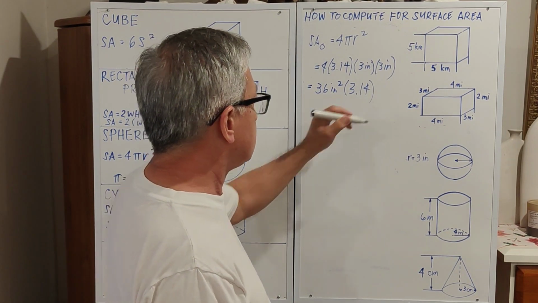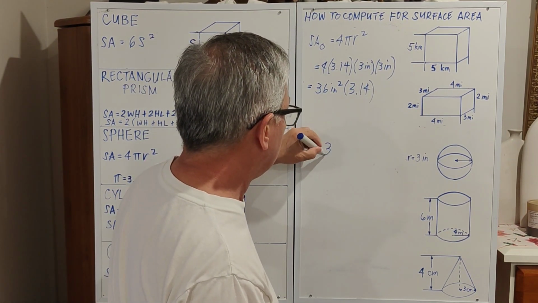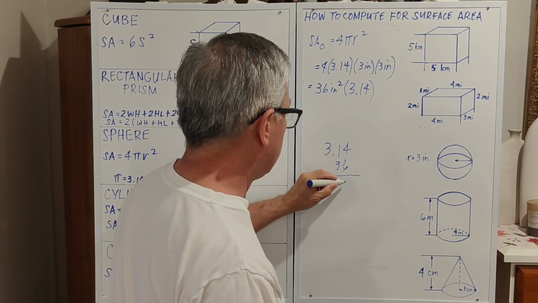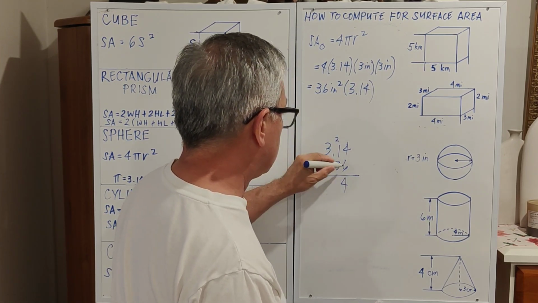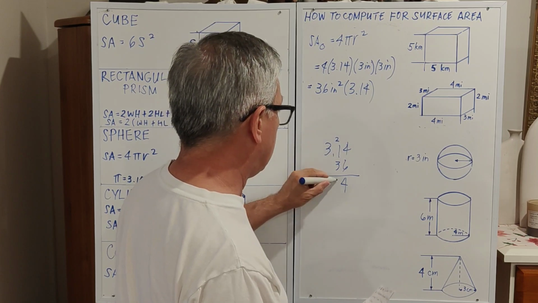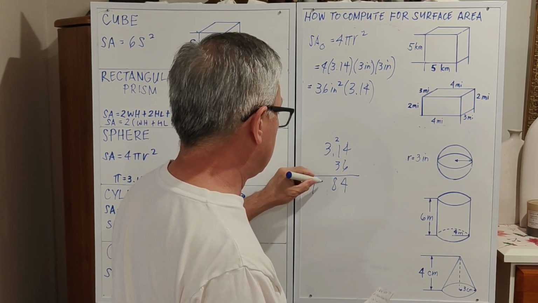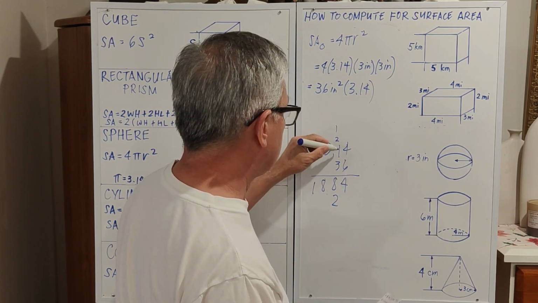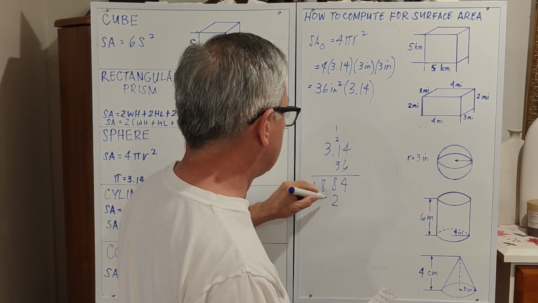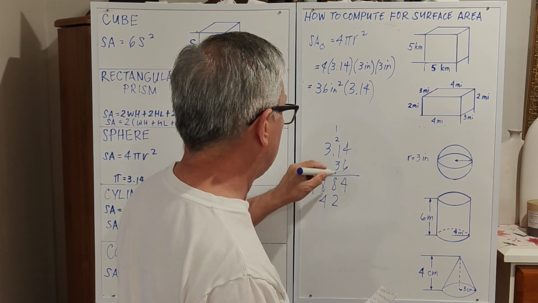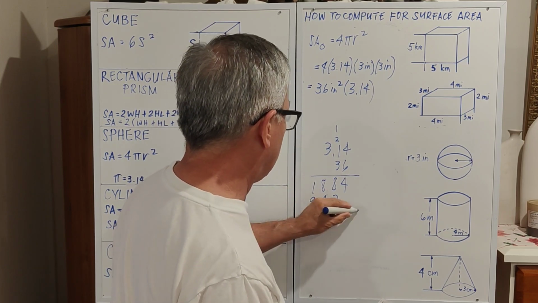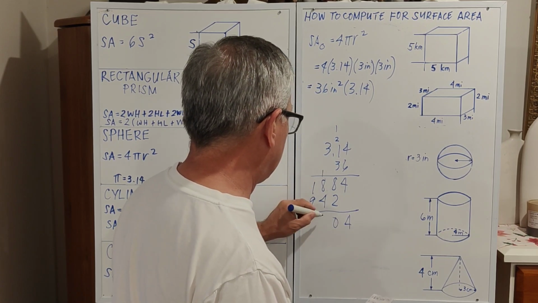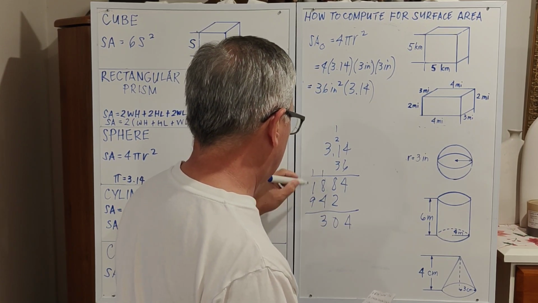We multiply 36 by 3.14. 6 times 4 is 24. 6 times 1 is 6, 7, 8. 6 times 3 is 18. 3 times 4 is 12. 3 times 1 is 3, plus 1 is 4. 3 times 3 is 9. So we have 12, 13, 10, 11.